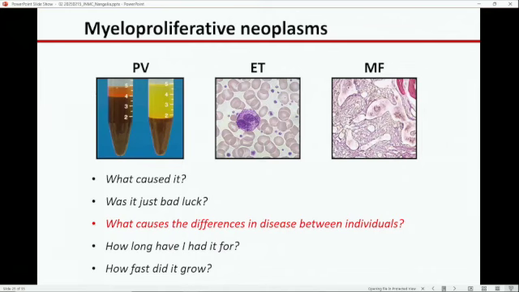So what causes the differences in disease between individuals? I've already touched on the fact that our germline genetics might be important, but these mutations can also be important. So for example, I've told you that a CALR mutation will not cause PV because it doesn't activate that pathway, but a JAK2 mutation can cause all the different diseases because it's a signaler for all the pathways that make blood cells.